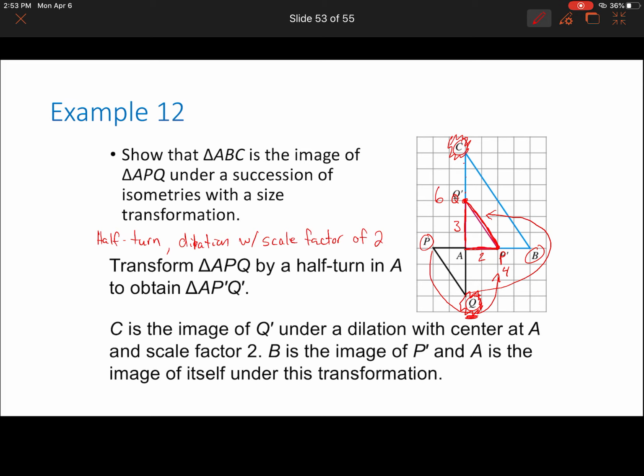And so we end up with the half turn and the scale factor of 2 to get the image. Again, if you have questions about that, let me know. It's just a matter of applying each of these and figuring out how much does it turn, rotate, expand, decrease, whatever. And that's all we're doing here. We're just trying to show that we took the original figure and did stuff to it to get that image.